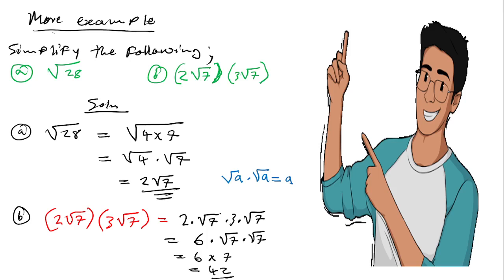So if a is 7, like in this case, that means that root of 7 times root of 7, the answer is 7. Then 6 times 7 is 42. Is that okay, Taonga? Yes.